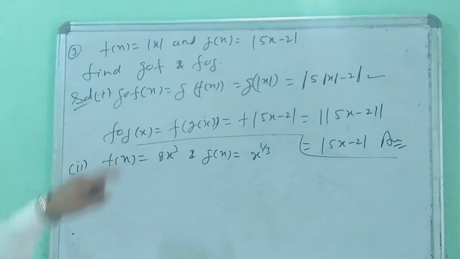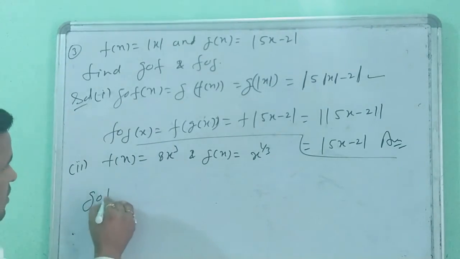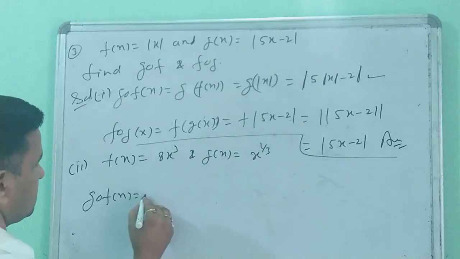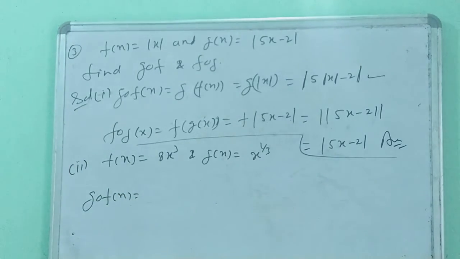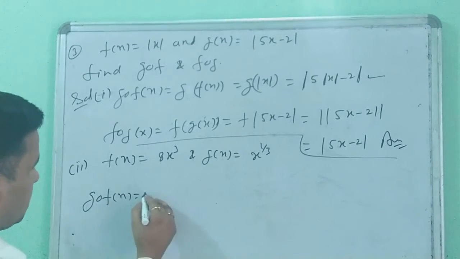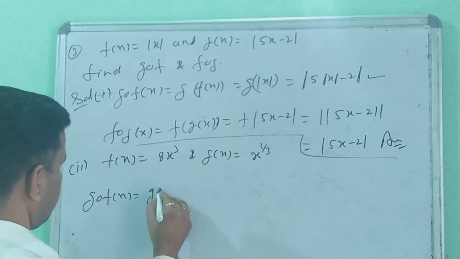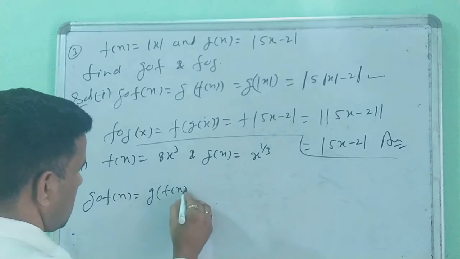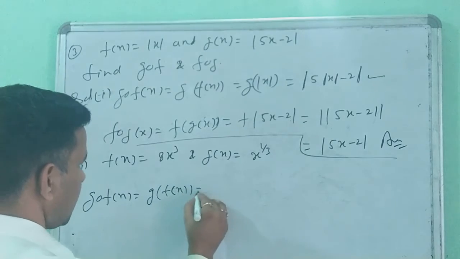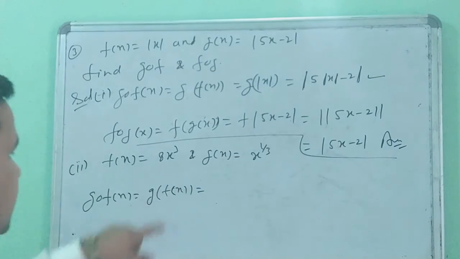First you will find gof(x). First write the form gof(x), which is g of f(x). Then write the value of f(x), which is 8x cube.